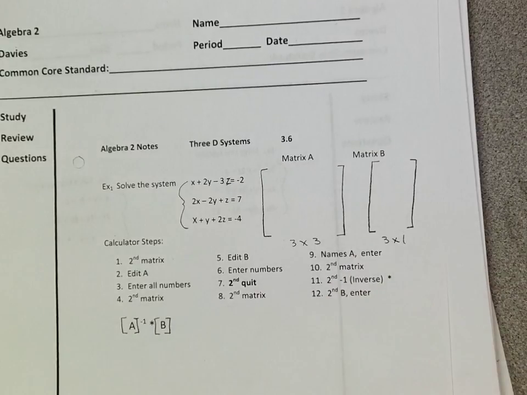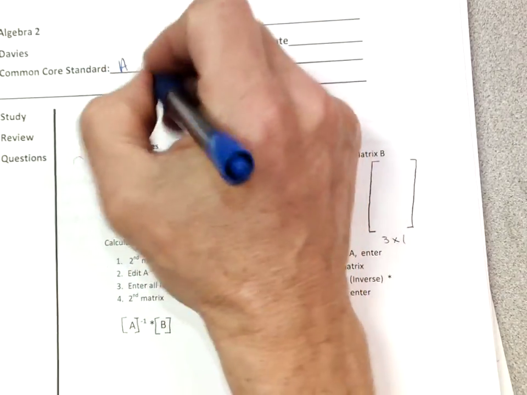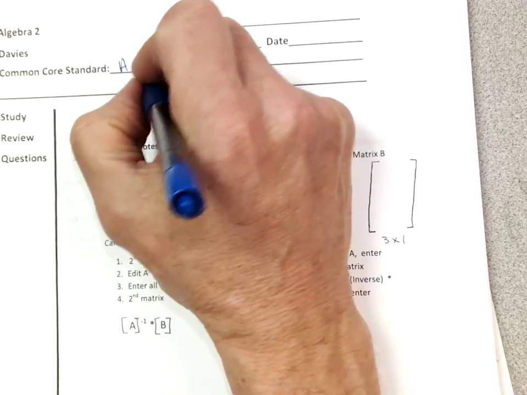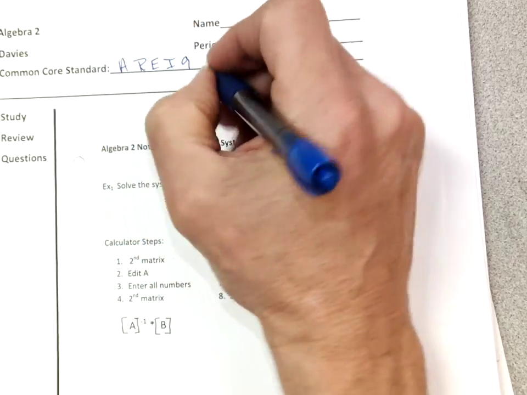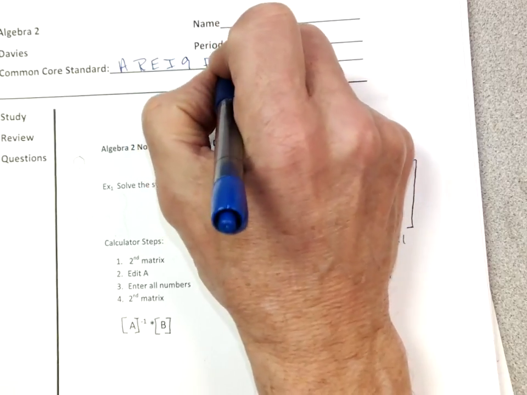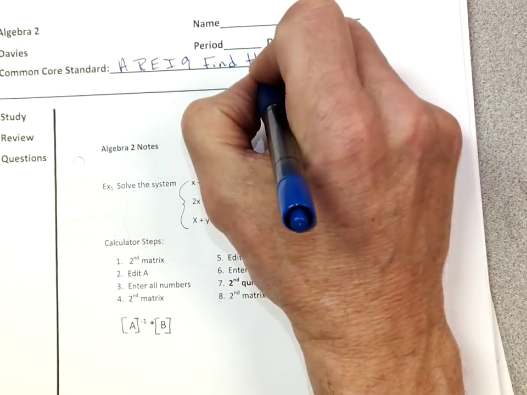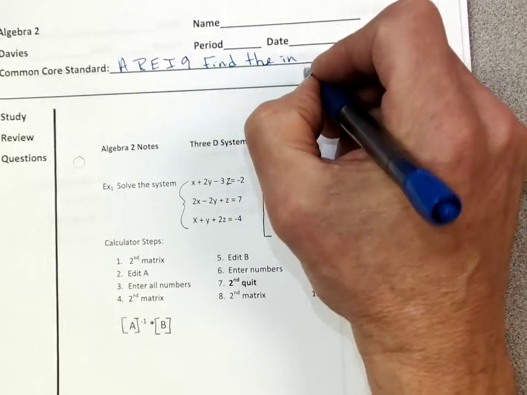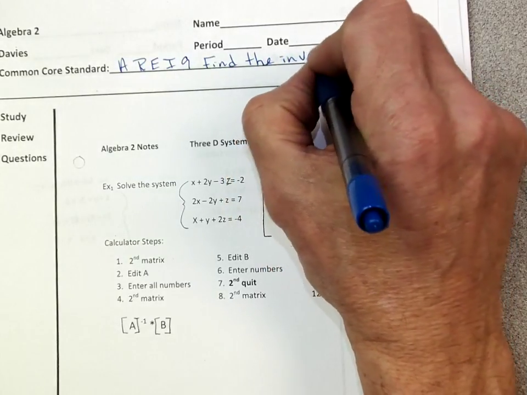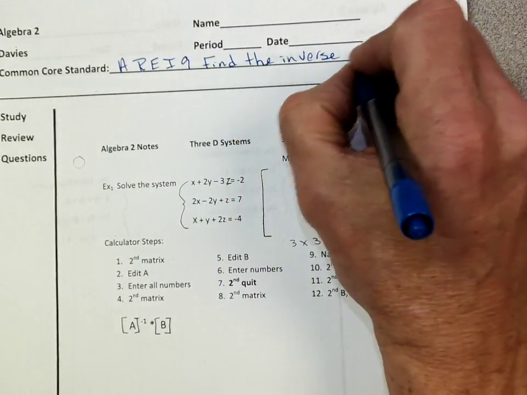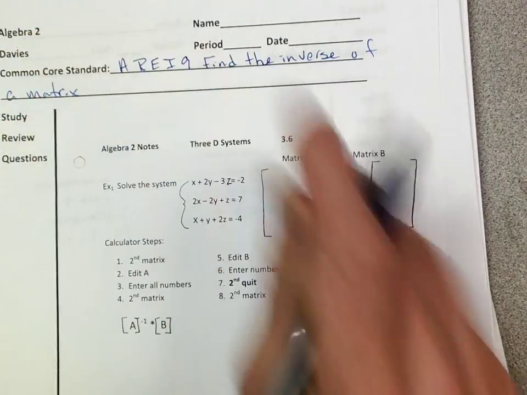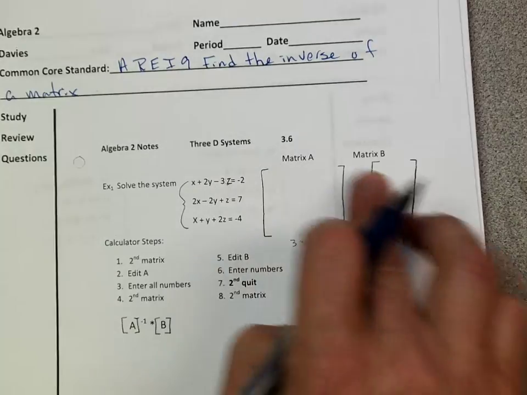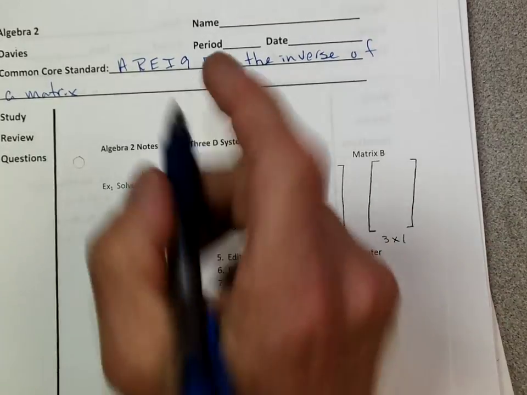So our Common Core standard is A-REI.9. It states: find the inverse, which we're going to let the calculator do, the inverse of a matrix. Okay, a matrix is going to be this little box that holds numbers.